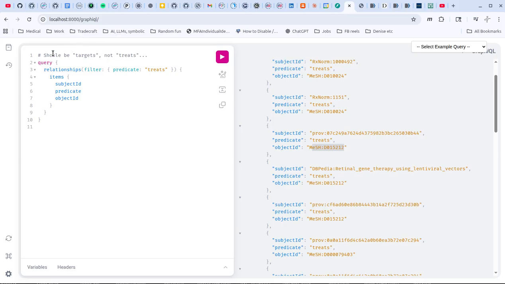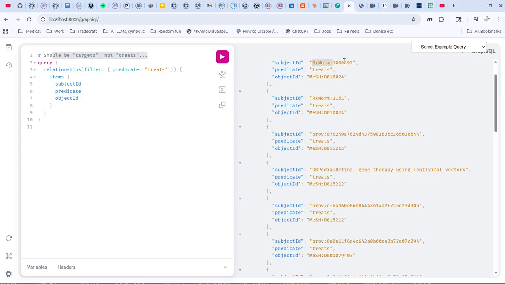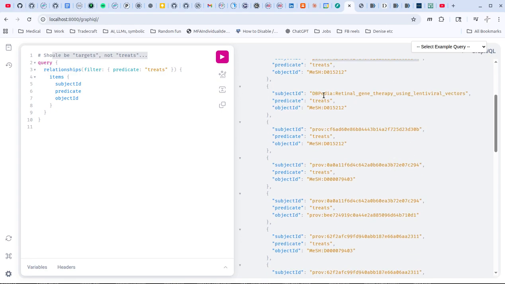Yeah, I made a mistake here. I gotta fix that. But basically, these IDs are taken from authoritative sources like RxNorm and MeSH, and when we can't find an authoritative ID, we give a provisional ID starting with PROV and just a long random string after that. We do accept DBpedia as one of the sources of authoritative IDs.